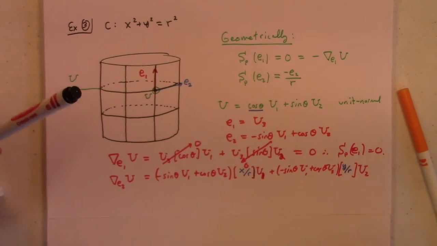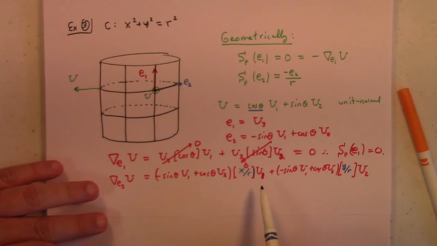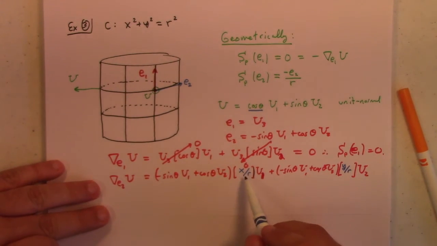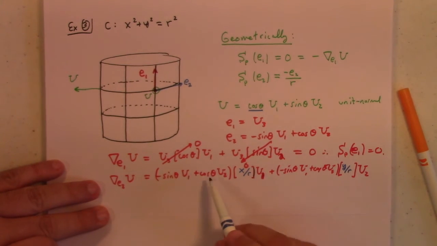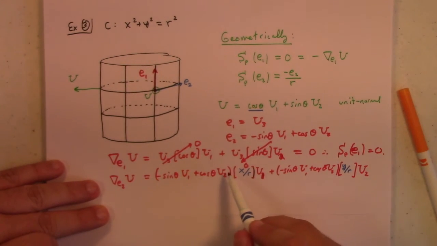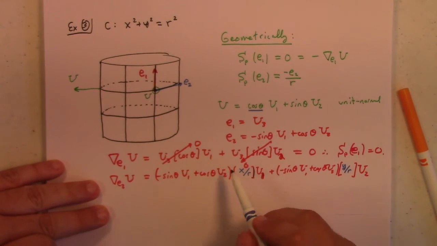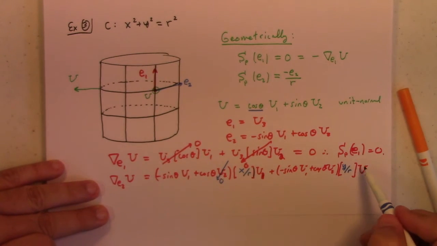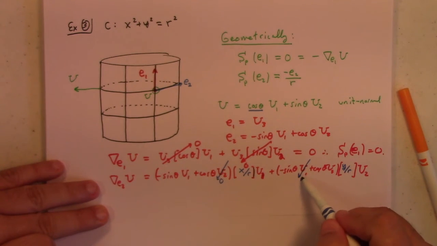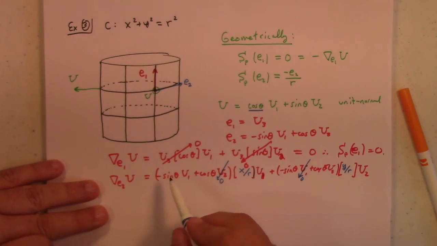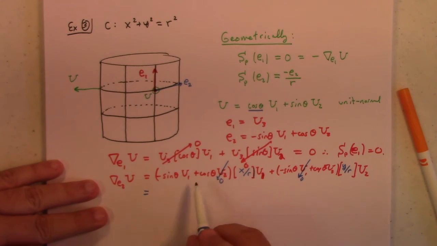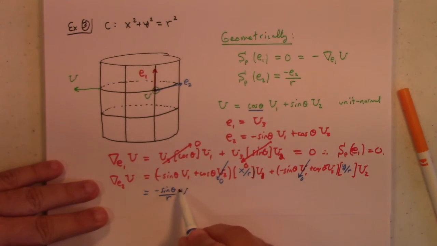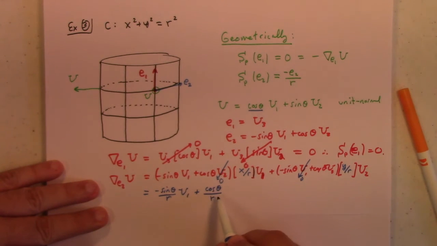Now, because we're on the cylinder, U1 and U2 are partial x and partial y, right? So this just drops to 0. There's no x dependence on this one, so that drops to 0. On the other hand, we get minus sine theta over r U1, and then over here I get plus cosine theta over r on U2.